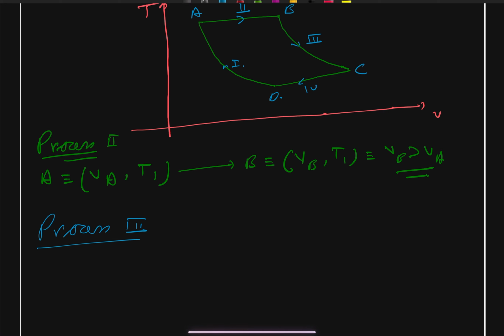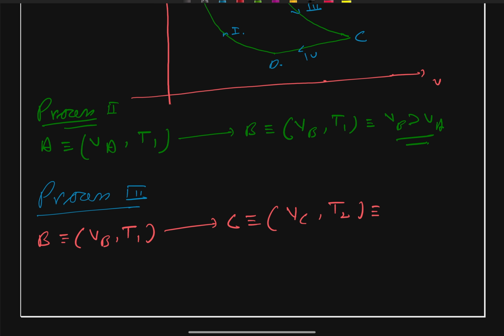Process 3 starts from B, and B we already know is VB, T1, and it goes to C, and for C suppose the volume is VC, temperature is T2. And it is slightly curved, therefore from here we can at least say that T2 is less than T1.